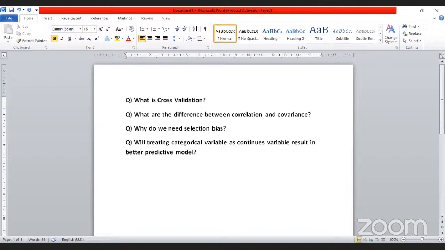Okay. If you ask me, I say yes. Because a categorical variable is a variable that can be assigned two or more categories with no definite category ordering.